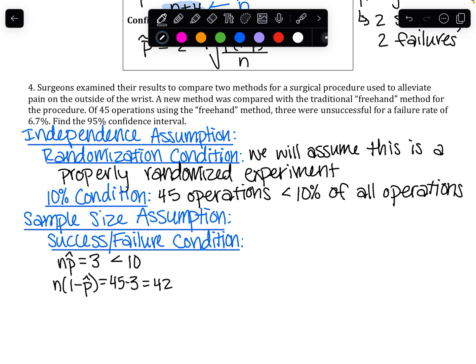And to be clear here, I'm using failure as success, right? We want to find the confidence interval for the failure rate. So p is the proportion of all surgeries that failed. It's the failures.